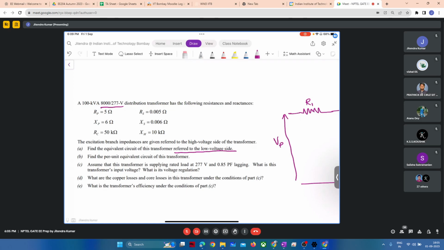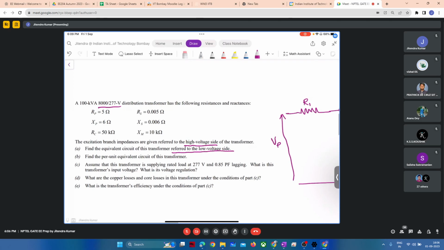And these excitation branch impedances are given referred to the HV side. So we have to refer the excitation branch elements and the primary branch elements to the secondary side. Okay, I hope it is clear.